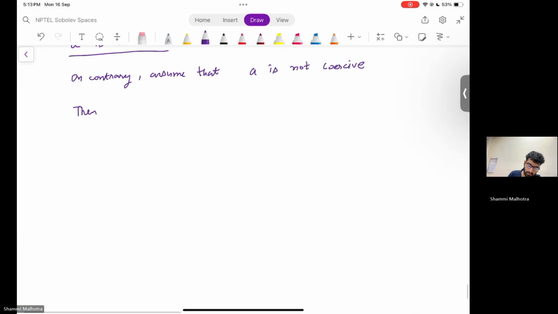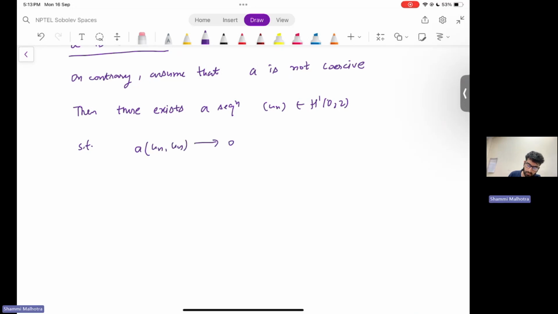Then there exists a sequence u_n in H1 of 0 to 2 such that A of u_n comma u_n goes to 0 and the H1 norm of u_n has to be 1. So this is the same as saying the ratio of A(u_n, u_n) divided by the norm of u_n is not bounded below, that it tends towards 0. So this is the same thing.